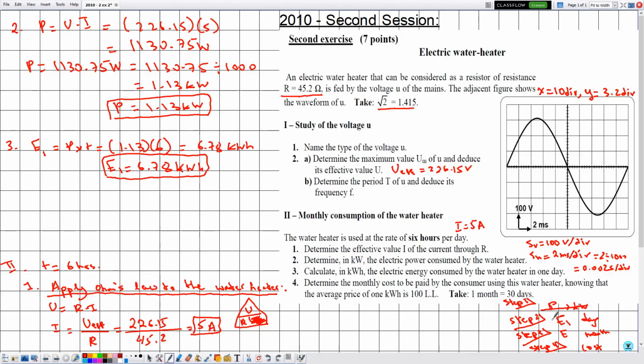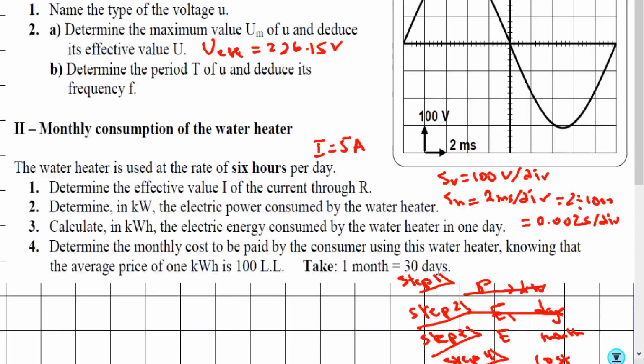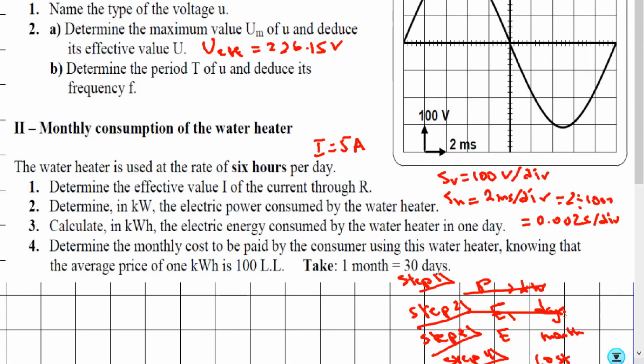And now we are done with step number 2. Part 4. They are telling me to determine the monthly cost to be paid by the consumer using this water heater, knowing that the average price of 1 kilowatt hour is 100 Lebanese liras, take 1 month equal to 30 days.